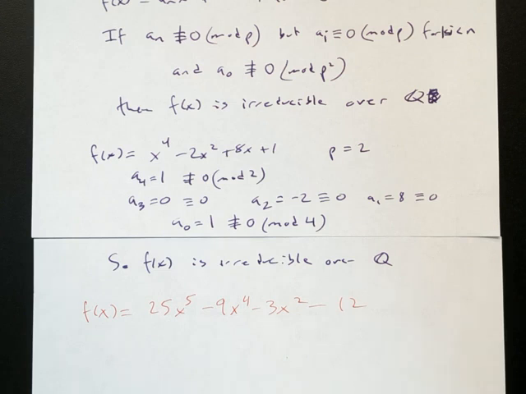Now, I remember back in my algebra class, all those many years ago, a result called the rational root theorem. The rational root theorem allowed me to start looking at possible rational roots by taking things that divided the last number and things that divided the first number and making a whole bunch of fractions and testing them all.